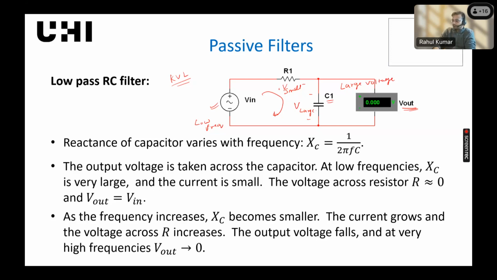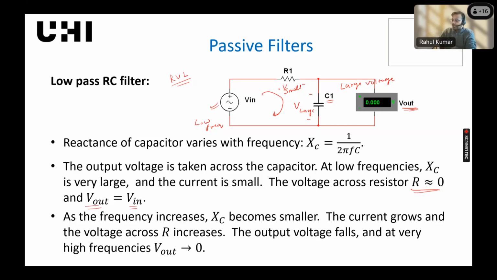The voltage drop across the resistor will be very small, almost equal to 0, so your output voltage will be very close to the input voltage.